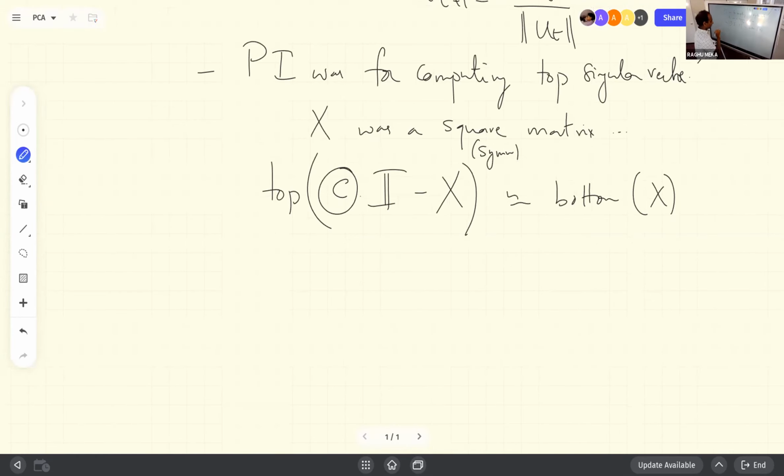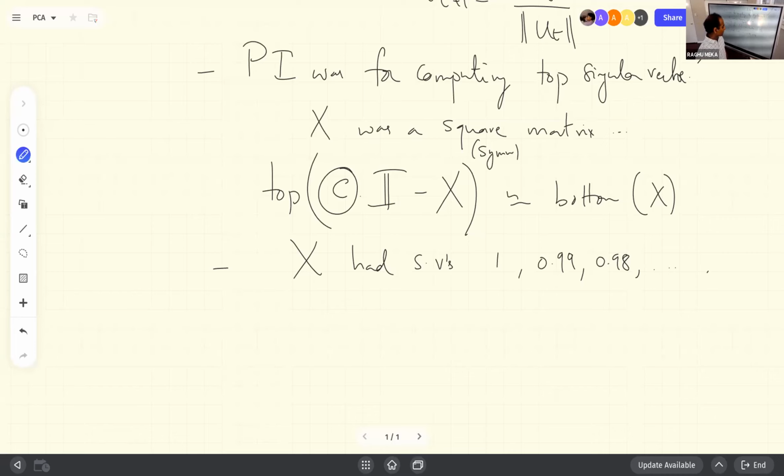So one last thing. Suppose X had singular values 1, 0.99, 0.98, and so on. Okay.